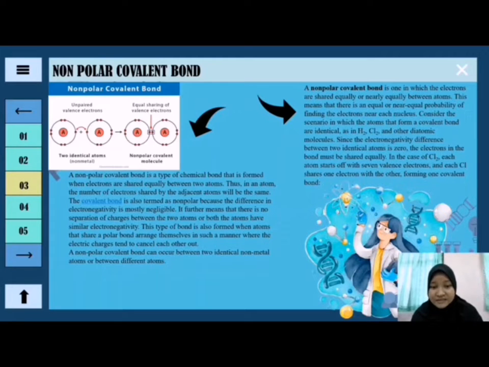This further means that there is no separation of charge between the two atoms, or both atoms have similar electronegativity. This type of bond is also formed when atoms that share a polar bond arrange themselves in such a manner that the electric charges tend to cancel each other out. A non-polar covalent bond can occur between two identical non-metal atoms and between different atoms.